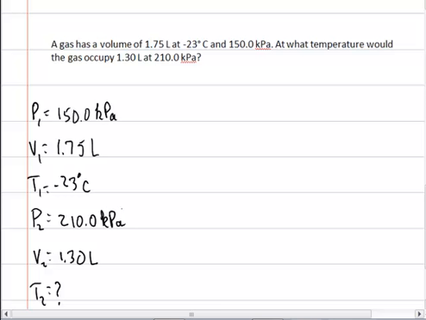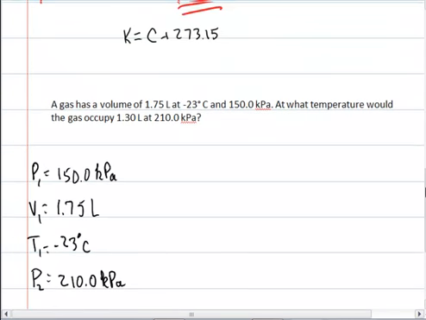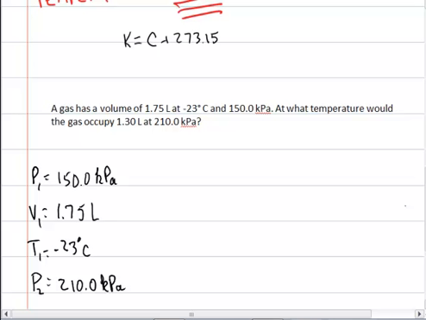Now, I mentioned before that when you do not have a decimal portion, as this one does not, I can ignore the 0.15. You recall we said 273.15. However, if there's no decimal portion, that's just going to round off anyway when we do our rounding.